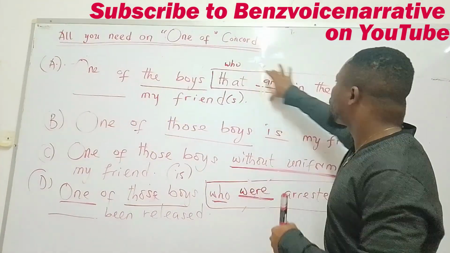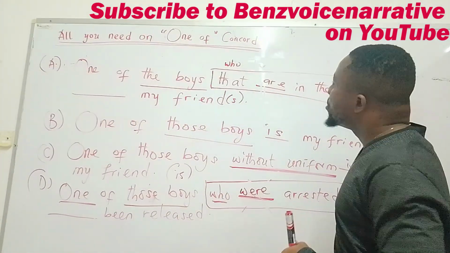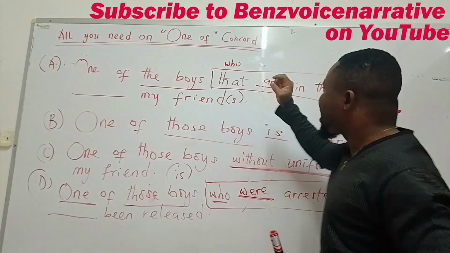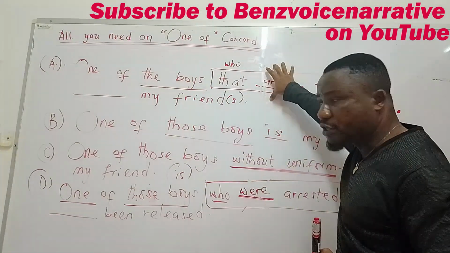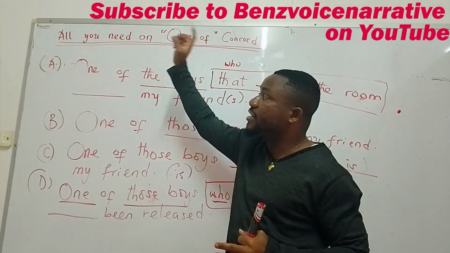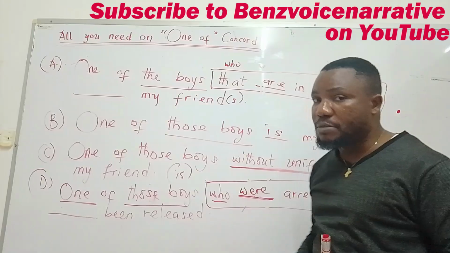But when you have a clause post-modifying the noun here, your verb is always a plural verb, and the second verb is always determined by the number at the beginning of the pack.